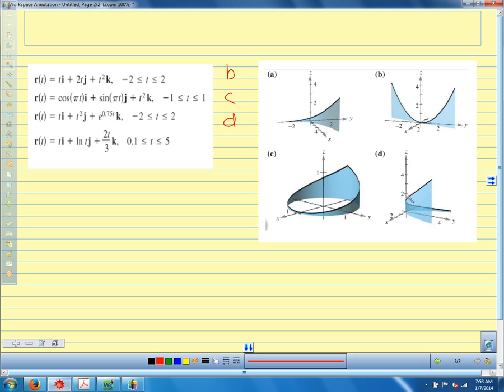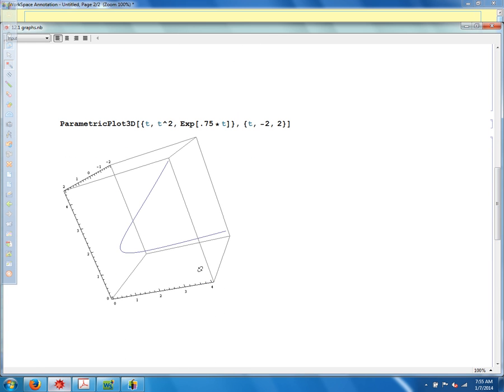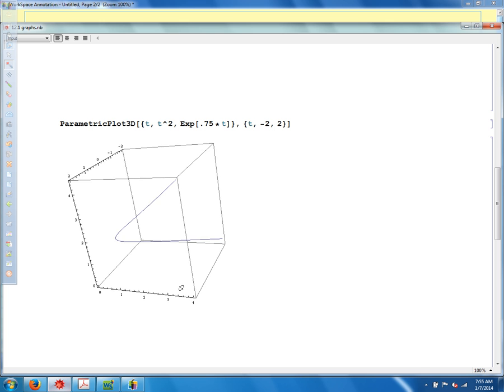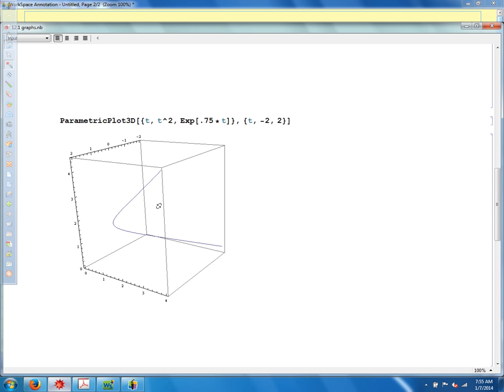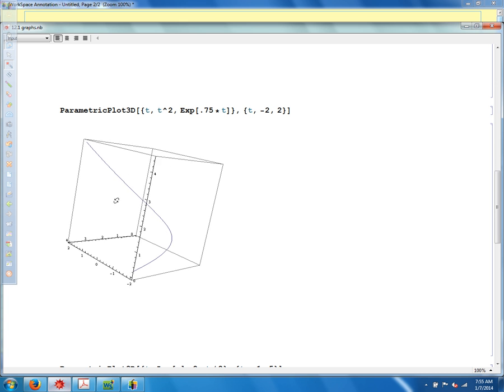So let's look at that one where we can rotate it around a little bit. There we go. So here's our curve. Let me rotate it around the way we normally do.